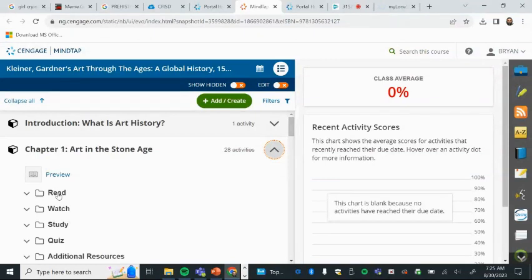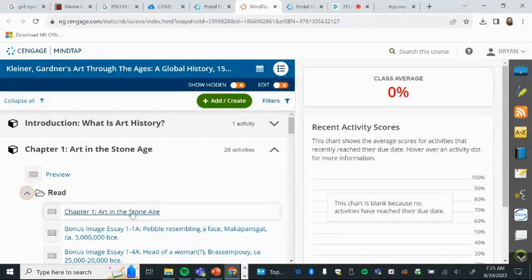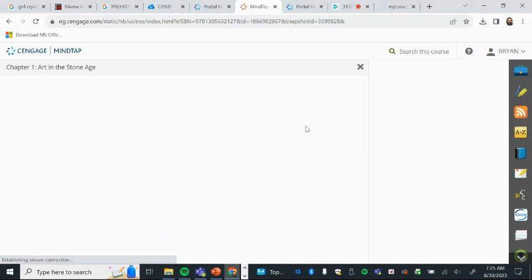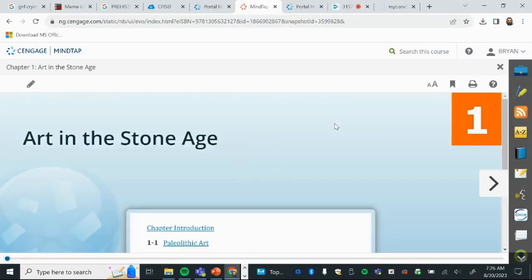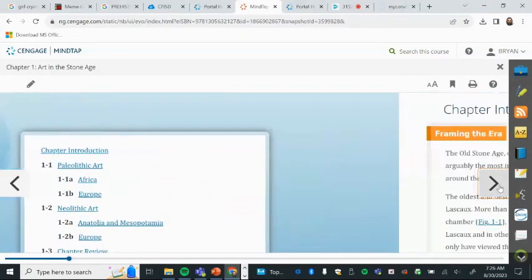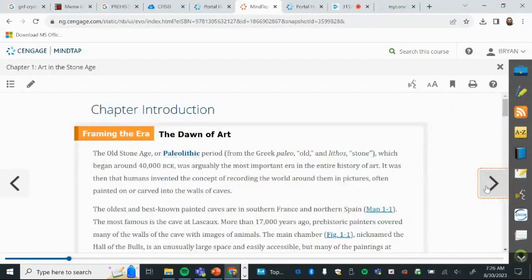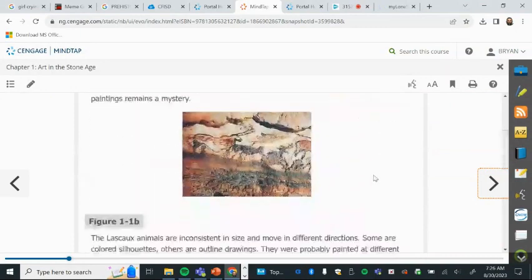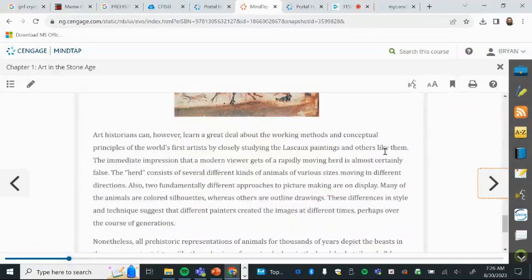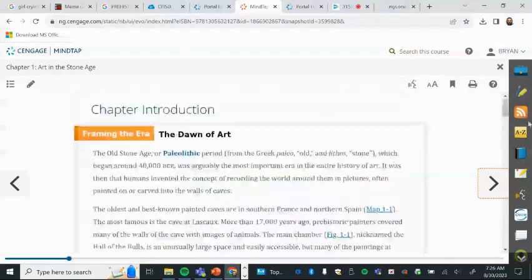When you click on it, you're going to click on read, and that will take you to the chapter. You just click on the left and right arrows to go through the pages, and you scroll down, and it talks about different things. All right, so that's how you navigate the textbook.